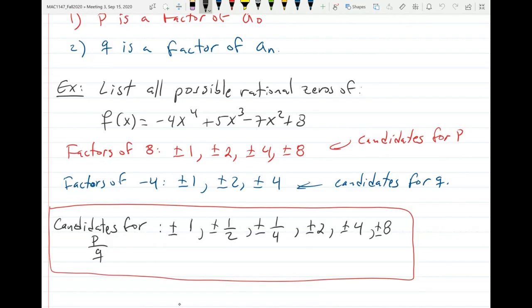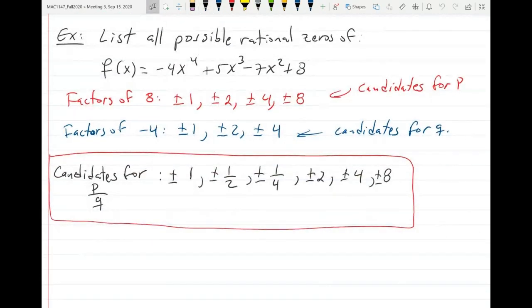So that's why you can just write all the factors of the constant term, all the factors of the leading term, make all possible fractions, and then you will get all possibilities for the rational zeros, and then your job is to start testing which one of these may work. Keep in mind that maybe none of these work, because it could be that all the solutions are complex.